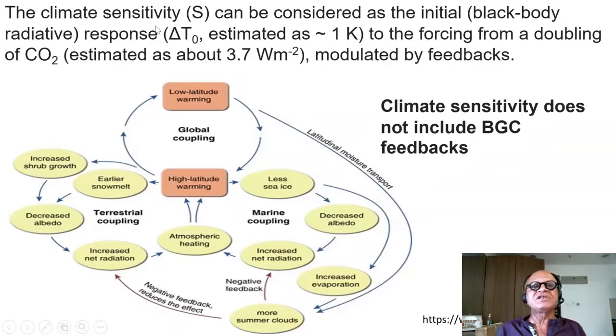The climate sensitivity that we looked at briefly before, we'll look again. It can be considered as the initial blackbody radiative response, delta T0, estimated, let's say, as 1 Kelvin for a forcing from a doubling of CO2, which is estimated at 3.7 watts per meter squared. So that is the climate sensitivity, which is modulated by feedbacks.